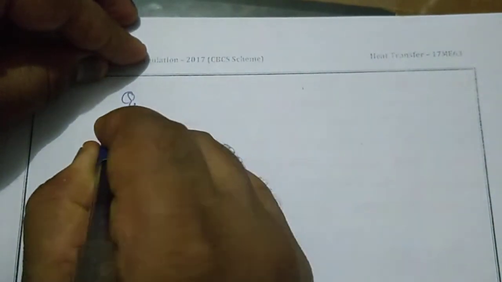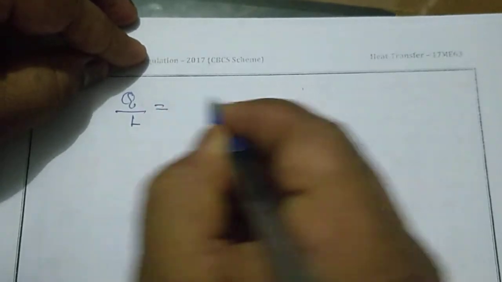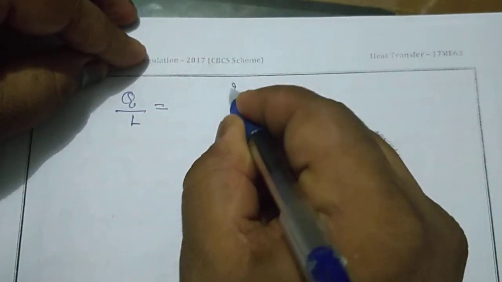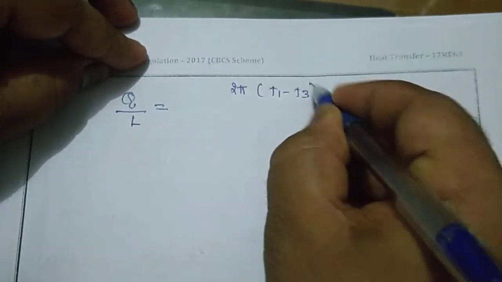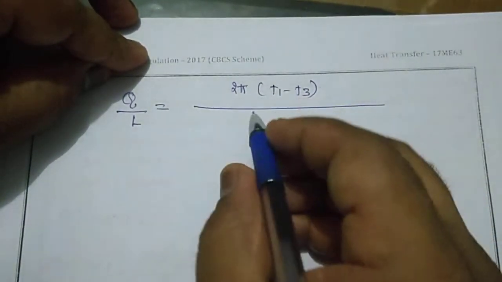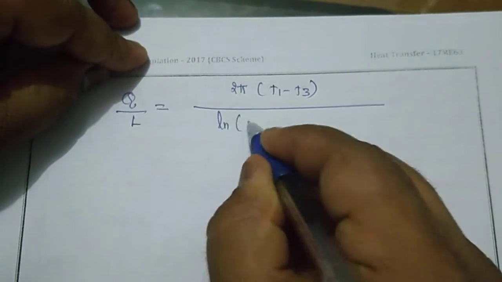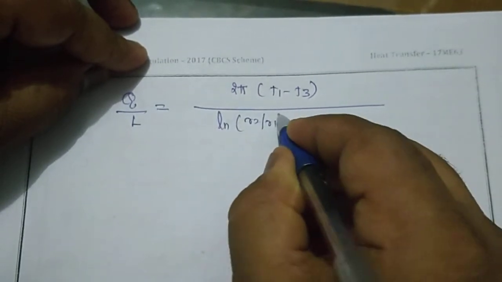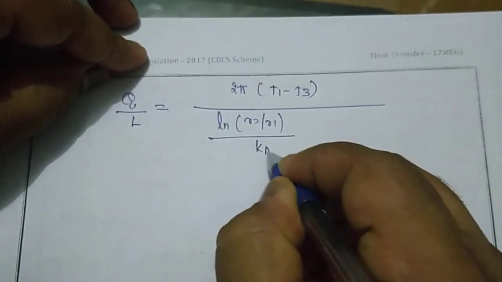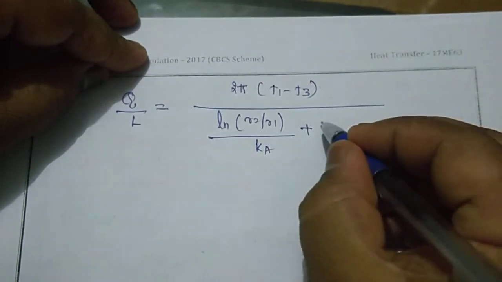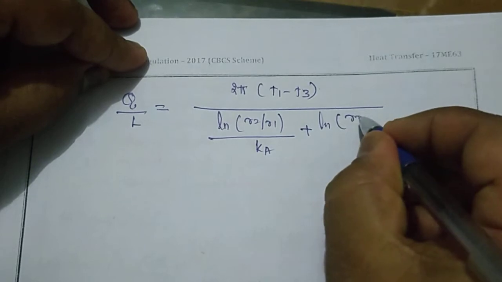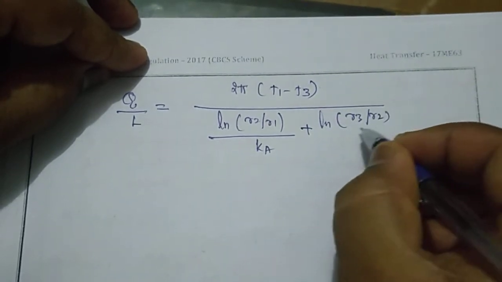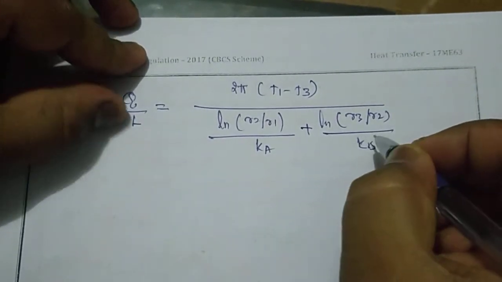So now you substitute the values. Q by L is equal to 2 pi times T1 minus T3 divided by ln of R2 by R1 divided by Ka plus ln of R3 by R2 divided by Kb. We use this formula because heat flows through both layers by conduction.